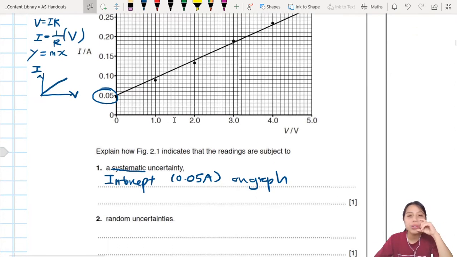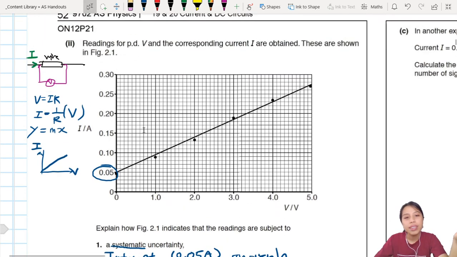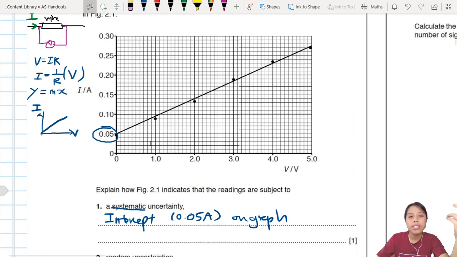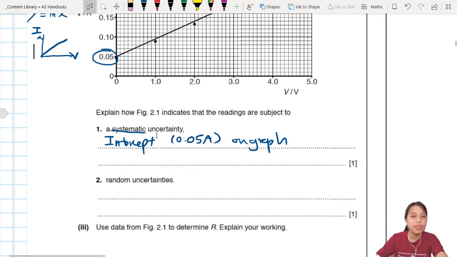Okay. How do you know your reading got random uncertainty? Random means don't know lah. Suddenly you're doing one measurement, then it runs a bit. You're doing another measurement, somebody sneezes, your measurement runs a bit. So how do you know if there's random? You look at the data, they're kind of scattered. You have a best fit line, but you have a point up, down, down, up, down. So you can talk about the scatter in your data.